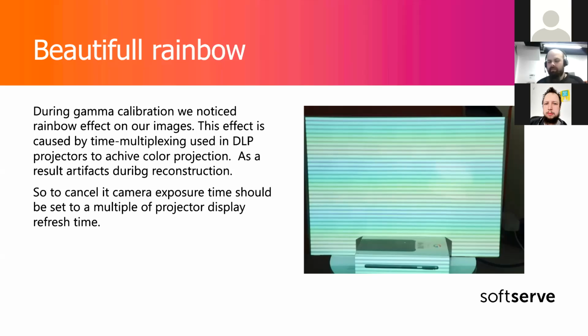But we also faced some issues with our phone, because we could set 1/60th, but we didn't have 1/120th, only 1/125, and at this exposure time, the rainbow appeared again, which actually interfered with our image reconstruction, since of course we had irregularities in our sine waves.